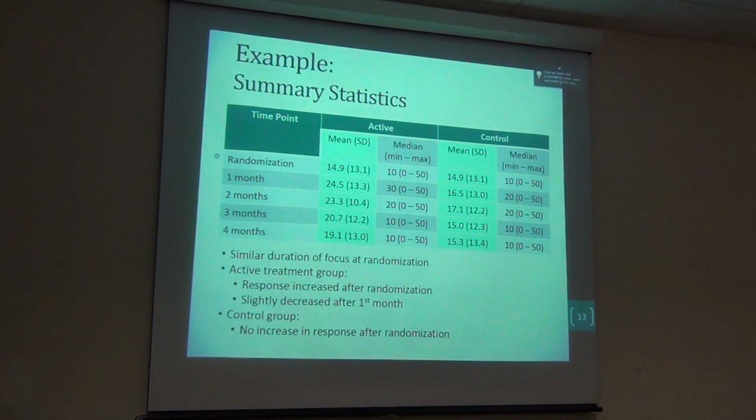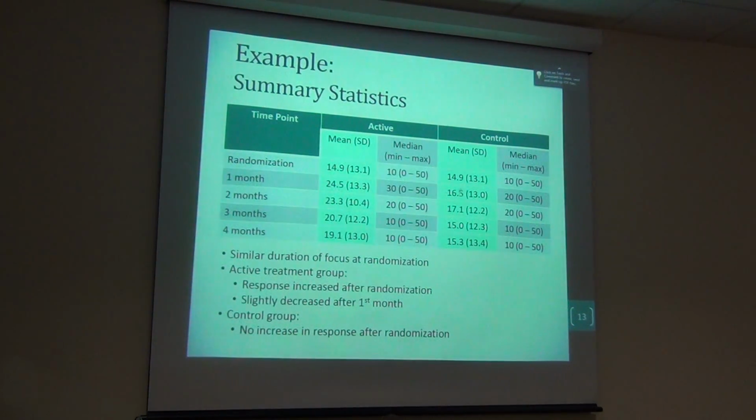After 1 month of practice in the active group, you can see that the duration of focus has increased by about 10 minutes. And then after 2, 3, and 4 months, the increase is a little bit smaller than after 1 month, but it's still pretty high compared to at the time of randomization.